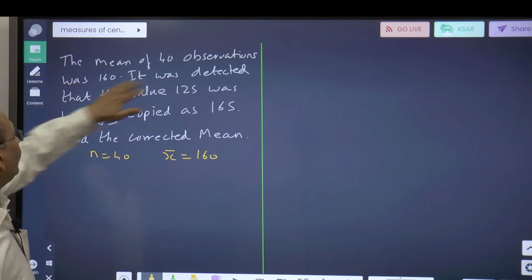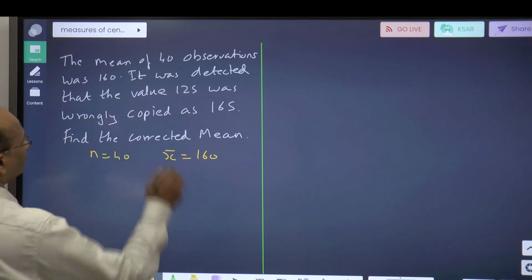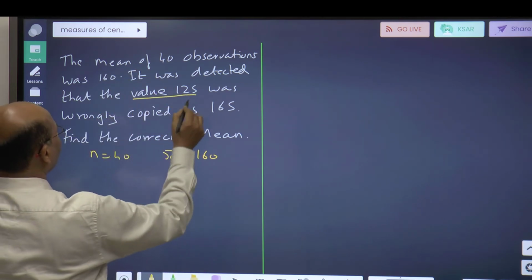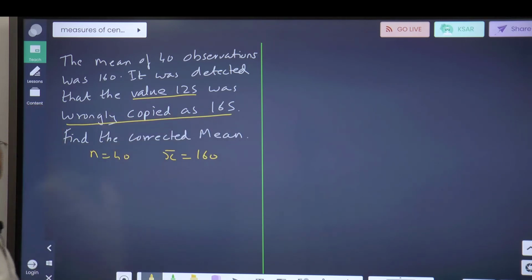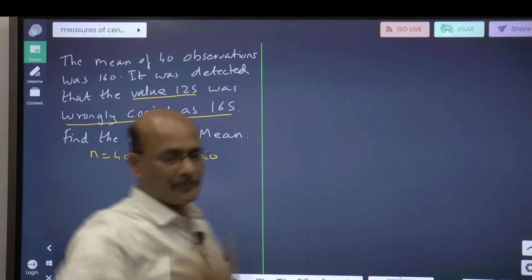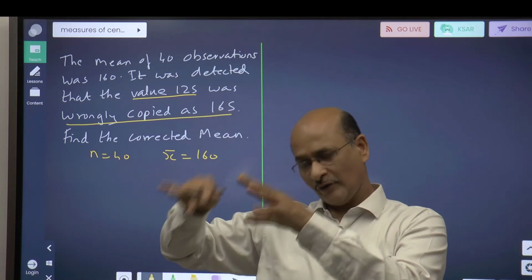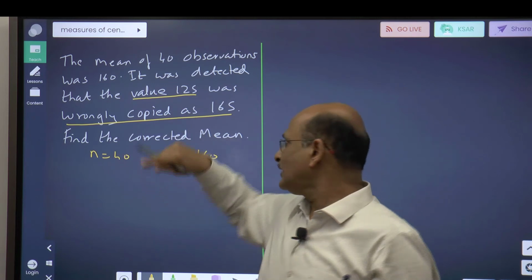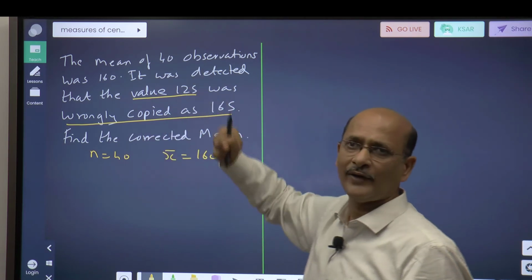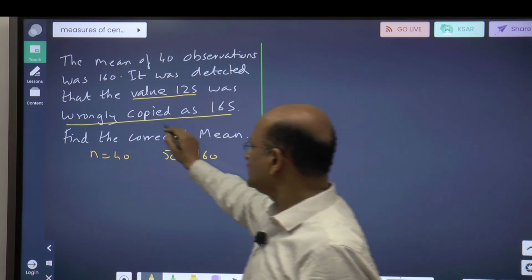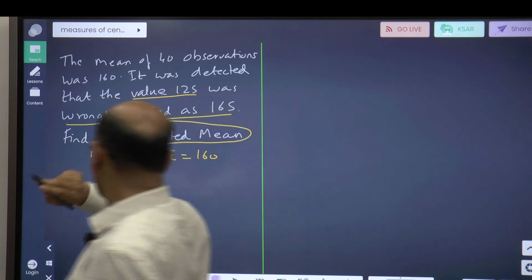It was detected that the value 125 was wrongly copied as 165. Meaning in the data, one number was copied wrongly as 165 instead of 125. So they are asking what is the corrected mean.